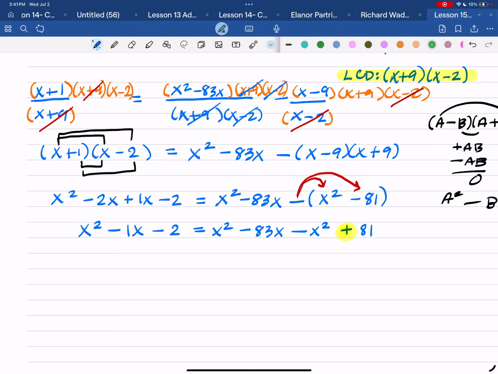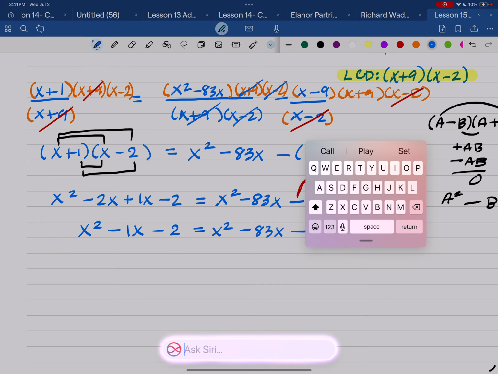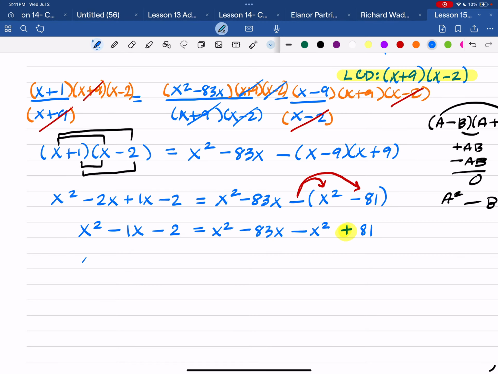So on the left-hand side, I still have x squared minus x minus 2. On the right-hand side, I can combine like terms. X squared minus x squared is 0. Negative 83x plus 81. So that's not going to simplify. So that's just going to be minus 83x plus 81.